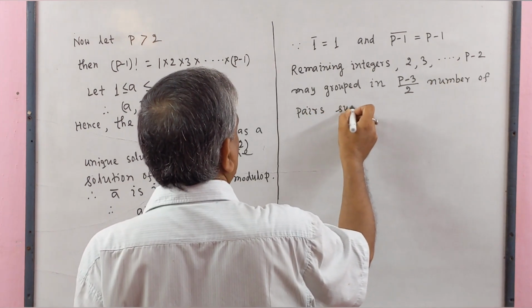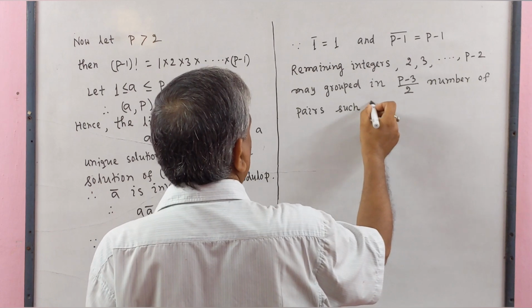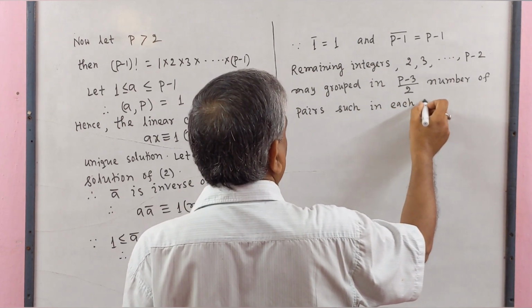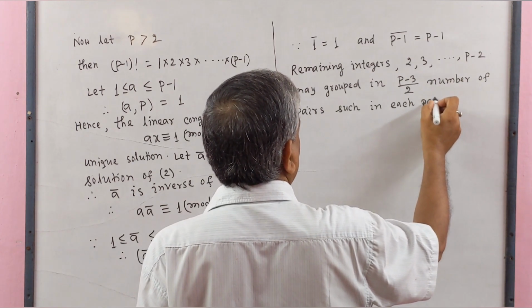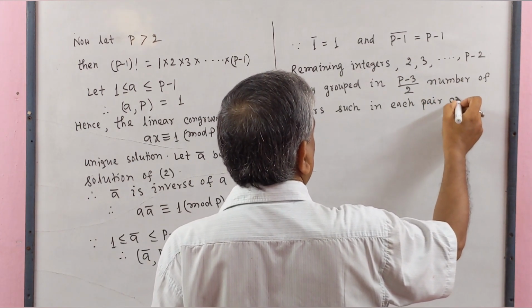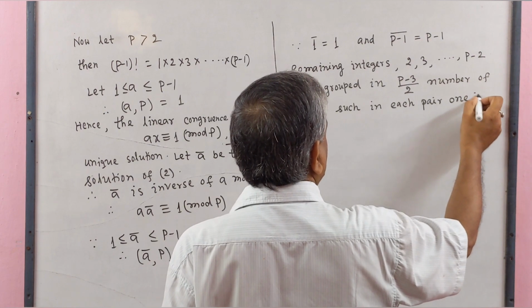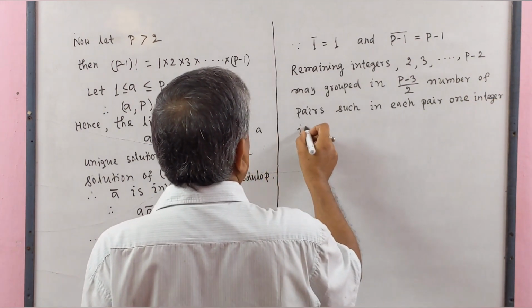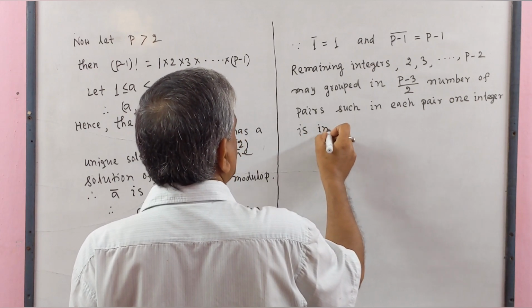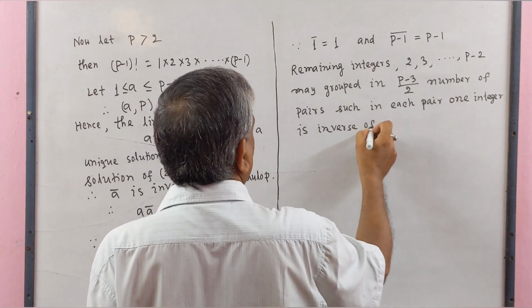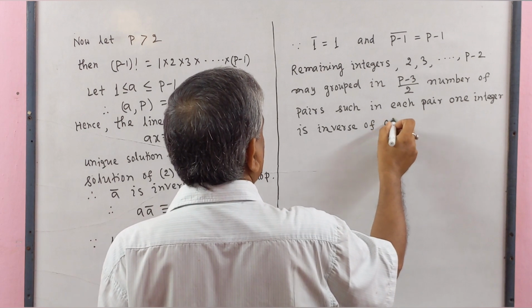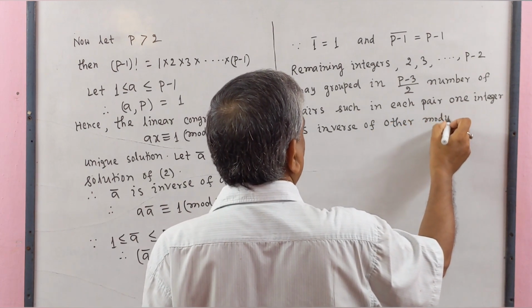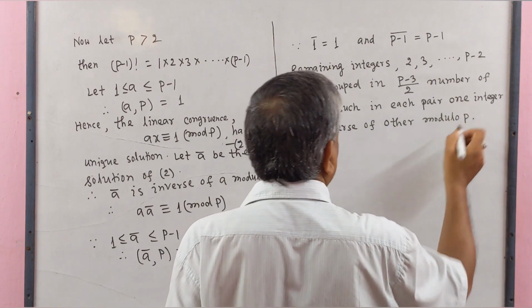such that in each pair one integer is the inverse of the other modulo p.